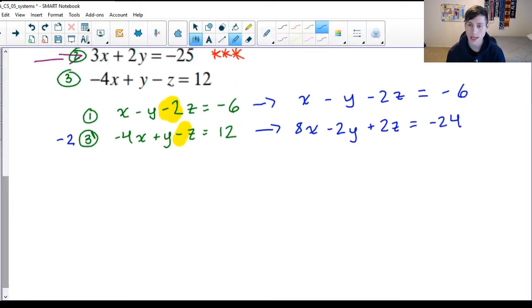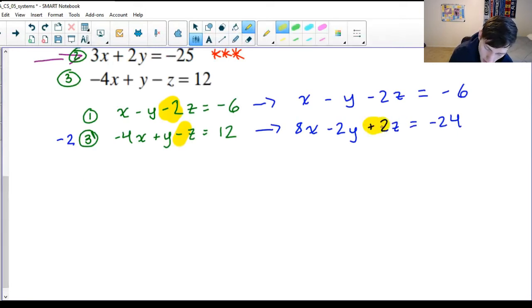So the third equation is multiplied by -2. Again, I chose -2 so that I could get +2 and -2. That's what I want, same coefficient but different sign. The first equation, I didn't need to change at all this time. Sometimes we will, but in this case we didn't need to.